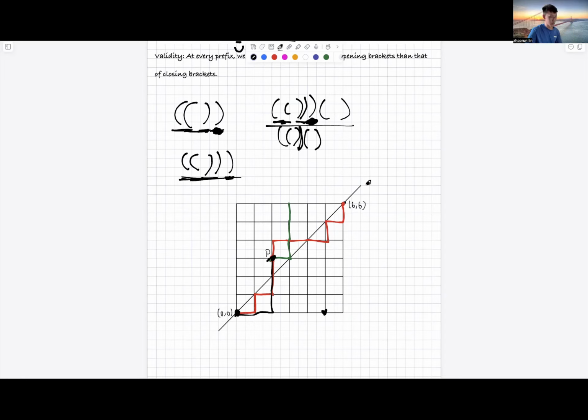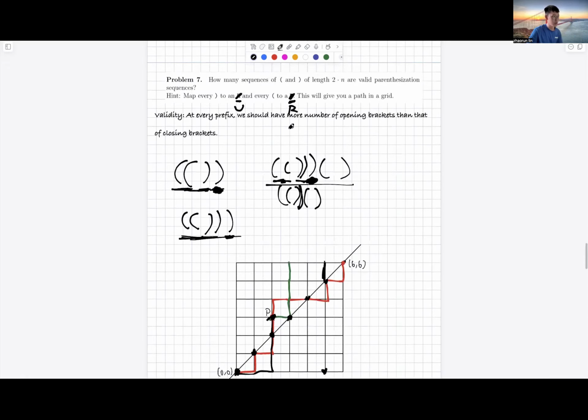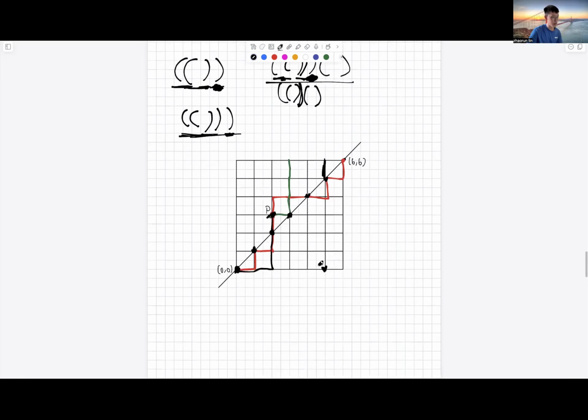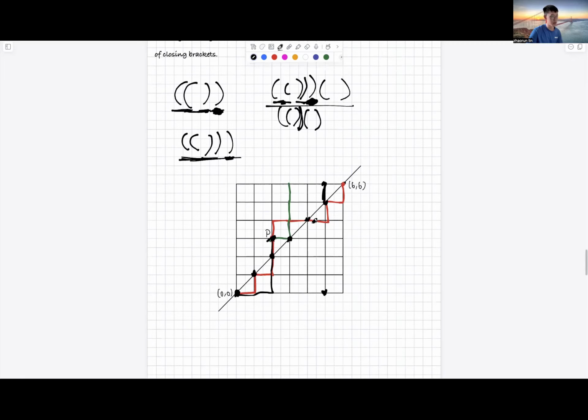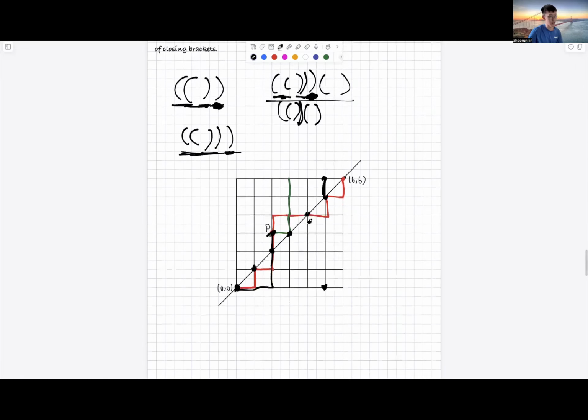This line governs that: at all the points on this line, we have an equal number of opening brackets and closing brackets. If we cross the line further up, because up is closing brackets, it means we have one more closing bracket than opening brackets. So whenever we cross the line, our parenthesization is not valid.